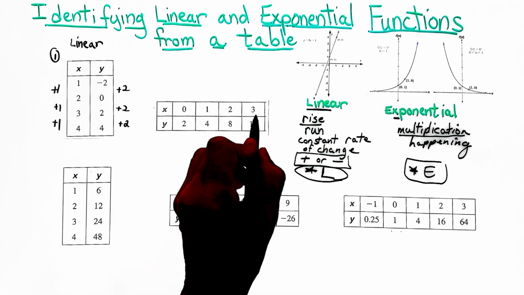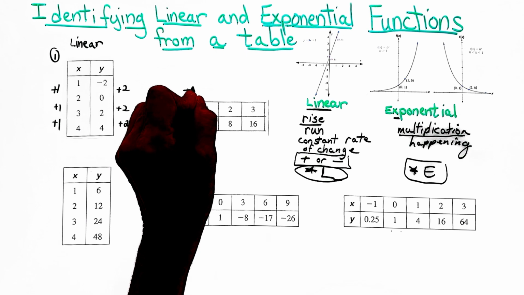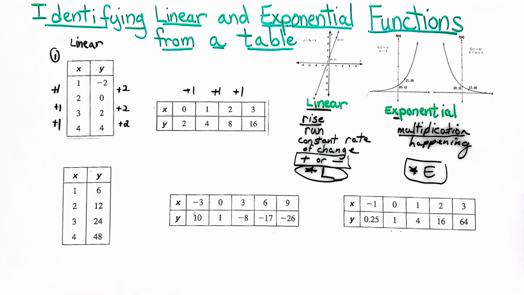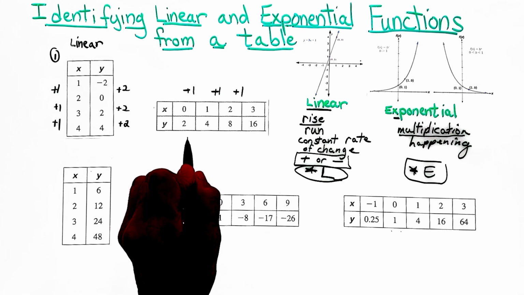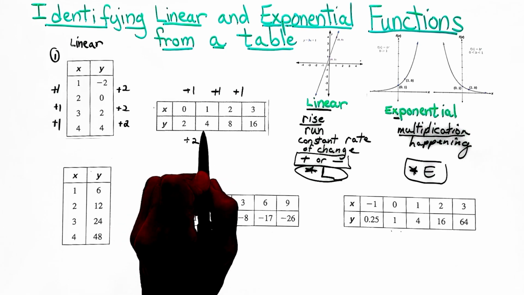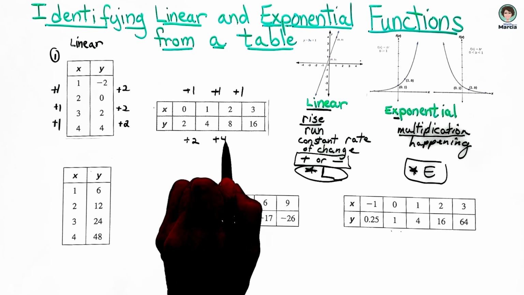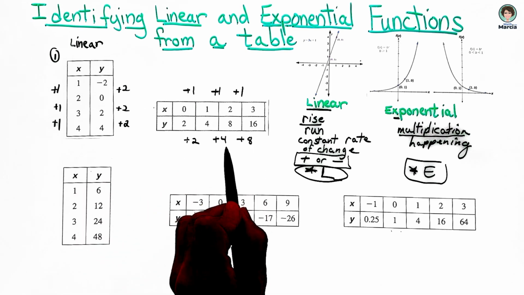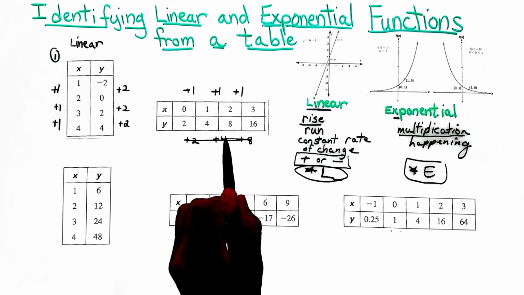So looking at this table, again, 0, 1, 2, 3. I see that it keeps increasing by 1. Let's look at our y values now. If I try to add from 2 to 4, I get a plus 2. But then if I go from 4 to 8, I get a plus 4. And from 8 to 16, I get a plus 8. Well, that is not a constant rate of change, so I know it is not going to be adding.